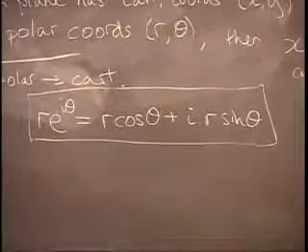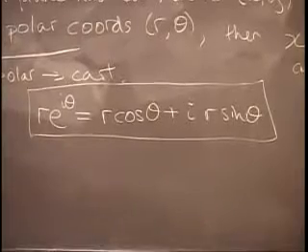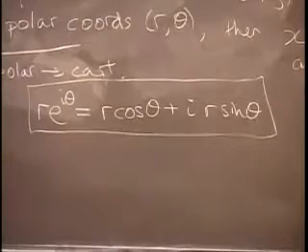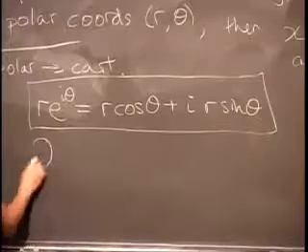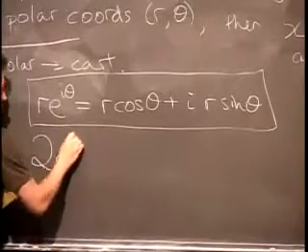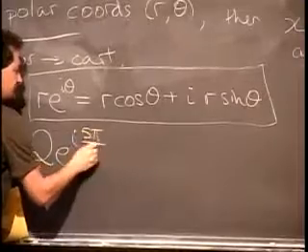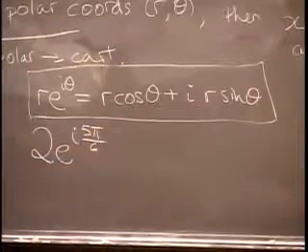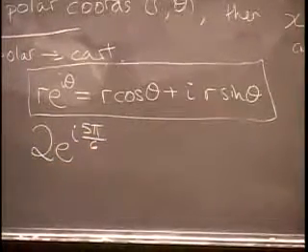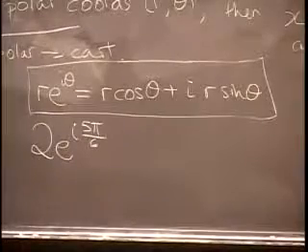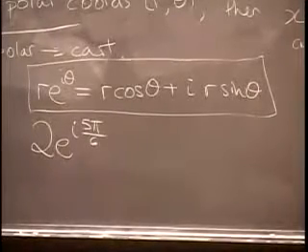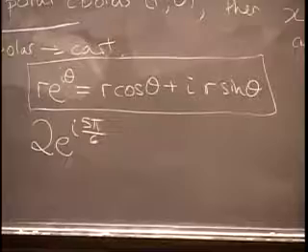Okay, so what does this mean? Suppose I give you a complex number, 2e to the I 5 pi over 6. That's a legitimate complex number, and I ask you, what is the real part of it? What is the imaginary part? What is its Cartesian form, basically? Well, whip out the formula.